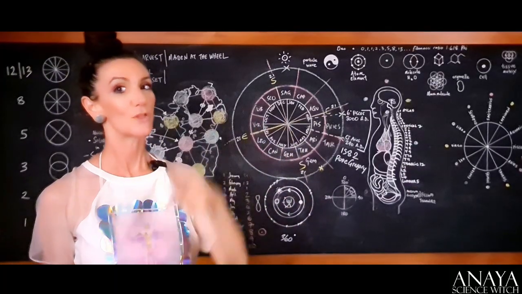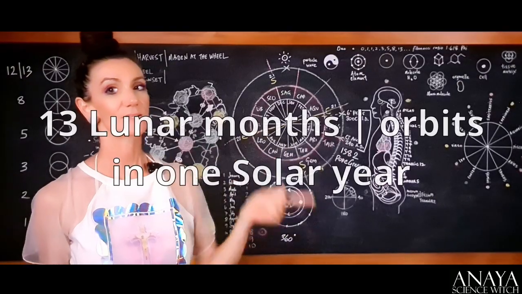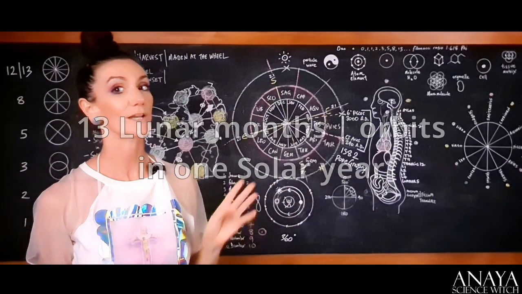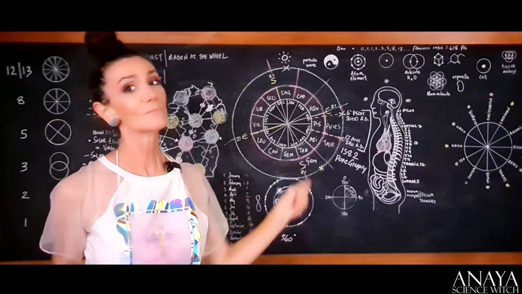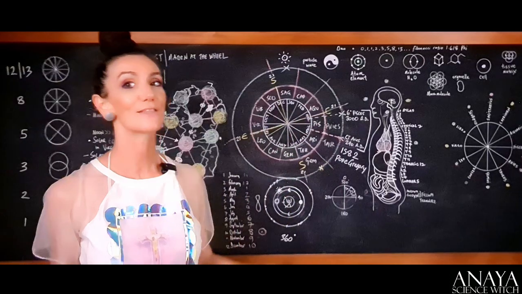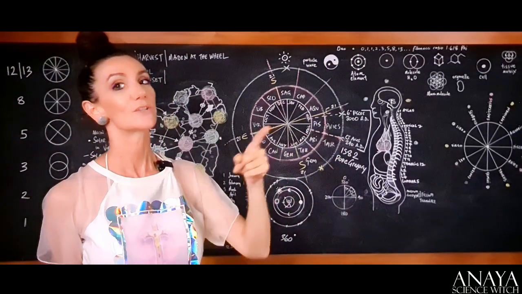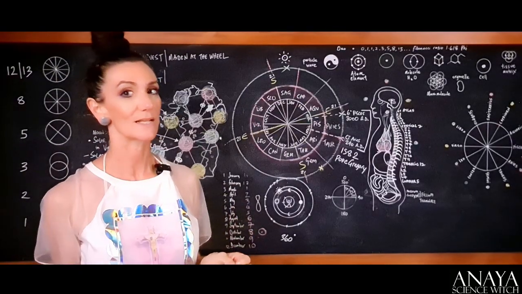It does 13 times, 13 orbits of the moon, and that's the lunar system, the lunar calendar, 13 months, right? So then coming out from there, we've got the sun on its orbit around the earth, and that takes 365 days-ish to do once, depending on leap years and all of the anomalies.